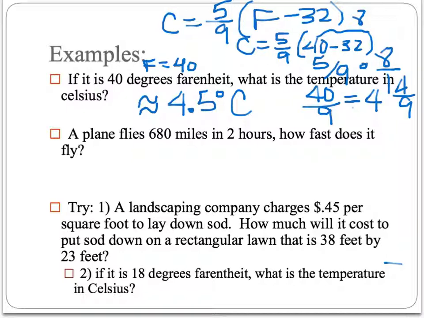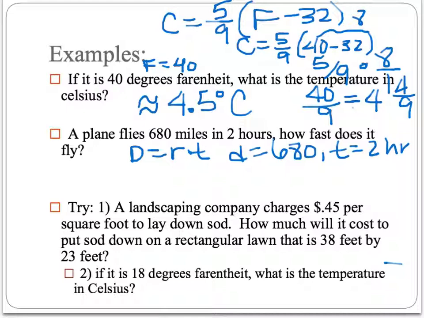All right, next question. A plane flies 680 miles in 2 hours. How fast does it fly? This is going to be distance equals rate times time. I know that my distance equals 680 and my time equals 2 hours, so I'm looking for rate.